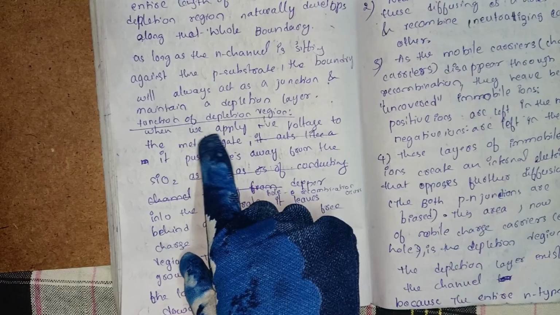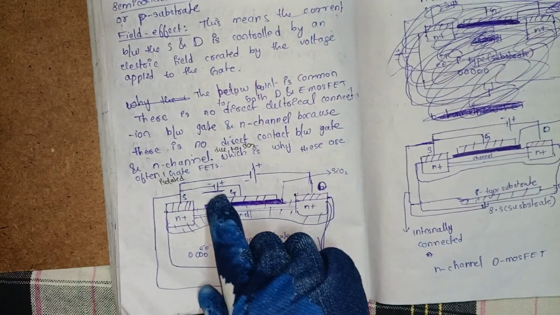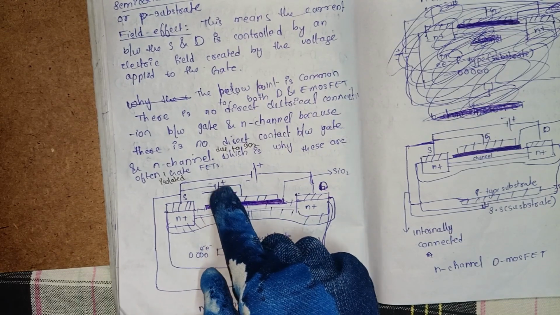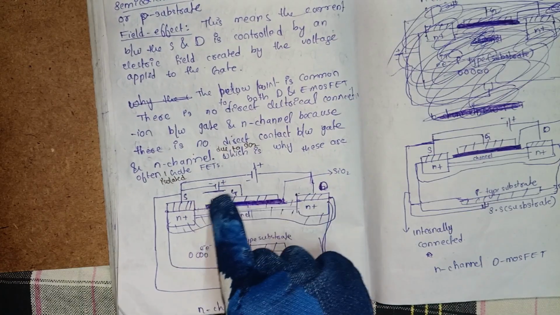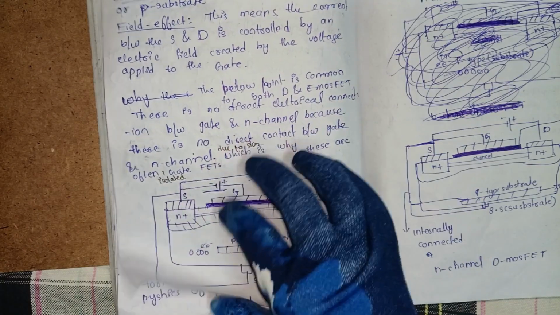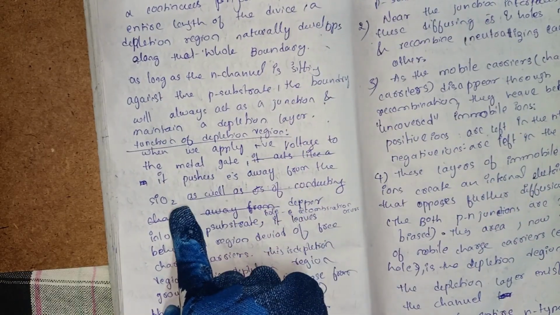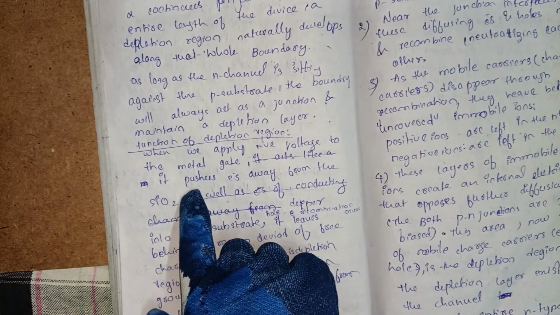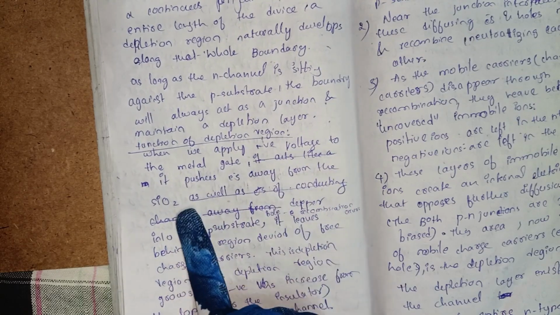So when we apply a negative voltage to the metal gate, here I have applied a positive voltage, you will reverse it, negative here and positive here. So we are applying a negative voltage to the gate, and it pushes electrons away from the silicon dioxide.